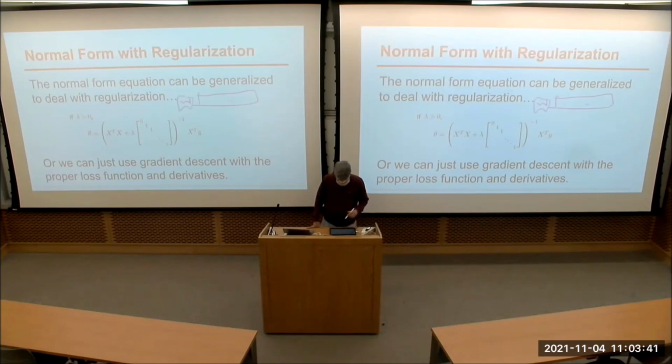It turns out that you can generalize the linear algebra formulation of regression so that it incorporates regularization, but the formula gets more complicated. Someone had to be smarter about doing it.